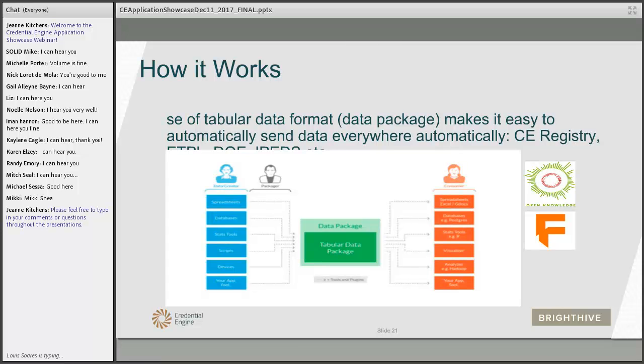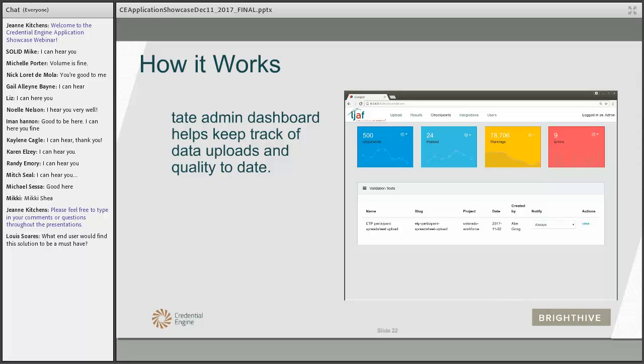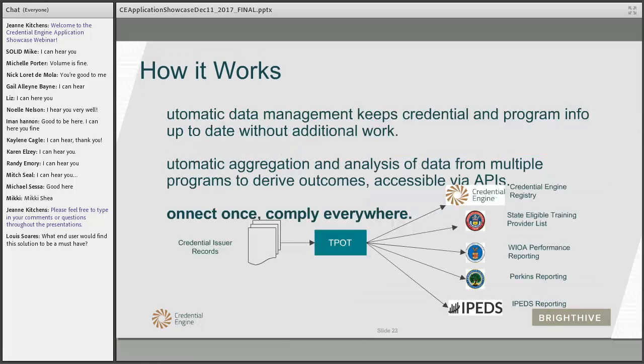And we're able to do this in a way that's very portable across a bunch of different reporting standards by using something that the Open Knowledge Foundation put out called the Frictionless Data Standard, and provide individual states with the ability to monitor and see all the data that's flowing through this system in a way that allows them to know where there are some data quality issues.